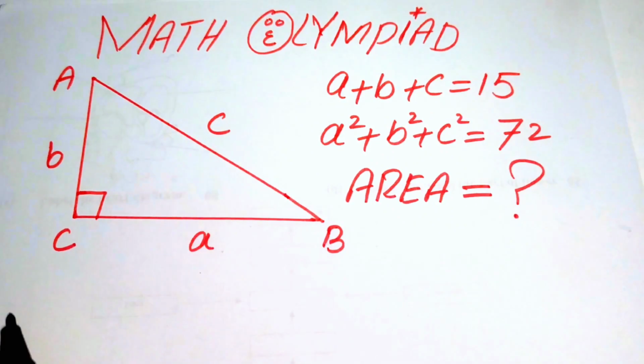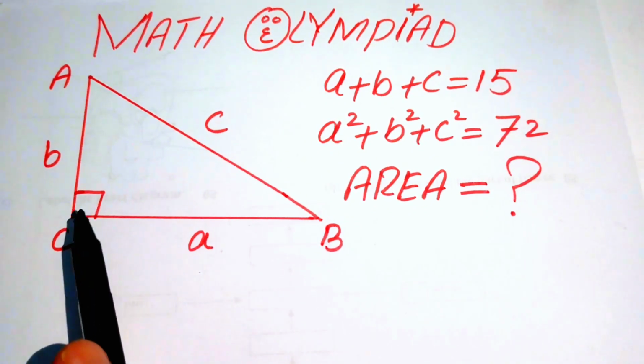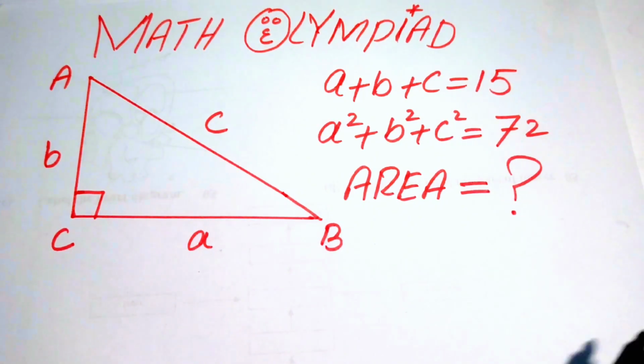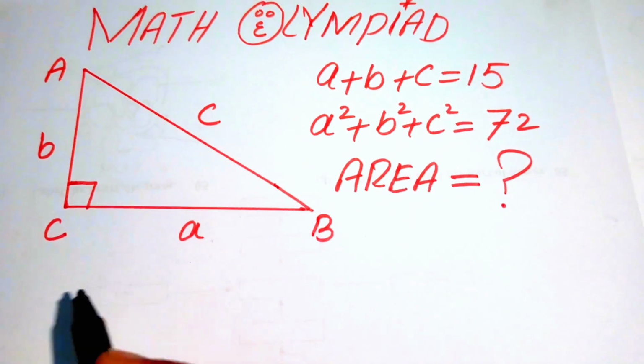Here you see that our given triangle is a right angle triangle, because we have a right angle at vertex C. So we use the nice Pythagoras theorem.